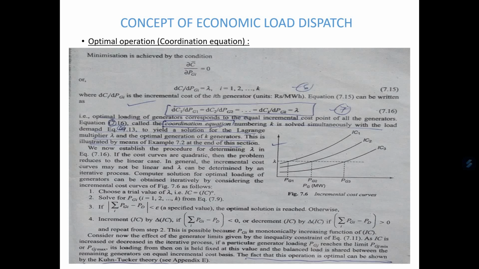Or in simple language, economical load dispatch neglecting the transmission losses occurs if and only if the incremental fuel cost of each generator is the same, and this equation is called the coordination equation. So I repeat, in short, whenever the incremental fuel cost of each generator is the same, that is the condition for economical load dispatch neglecting the losses.